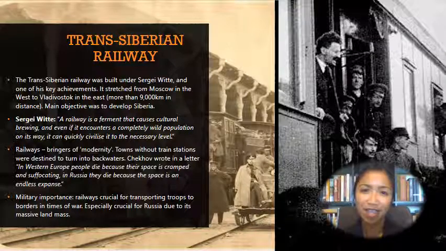So here I am again harping on about the Trans-Siberian Railway, and I'm harping on about it because it was really important. The Trans-Siberian Railway was Sergei Witte's baby. It was built under his leadership, and it was one of his shining achievements as Minister of Finance. It stretched from Moscow in the west to Vladivostok in the east, so that's more than 9,000 kilometers in distance.